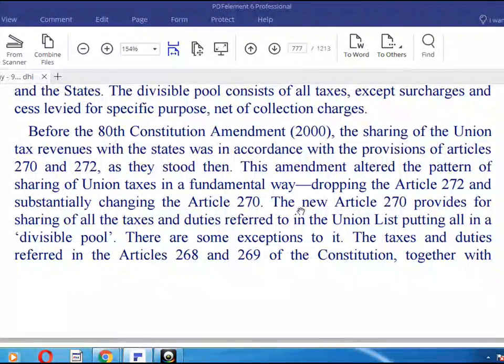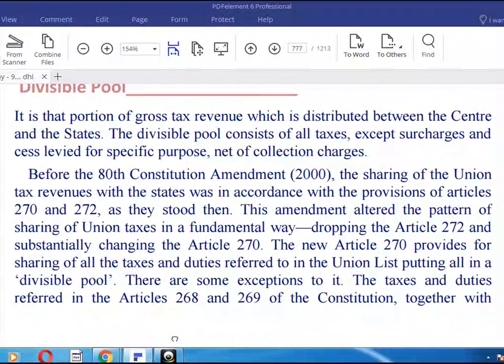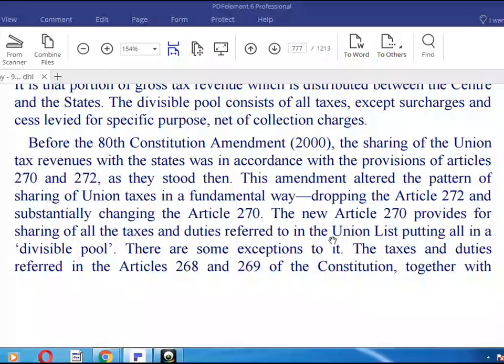The new Article 270 provides for the sharing of all the taxes and duties referred to in the union list, putting them in a divisible pool.